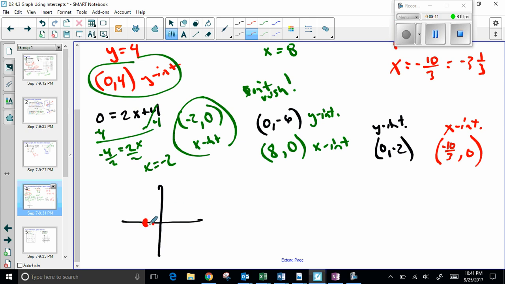There's the first point. And then 0, 4. So 1, 2, 3, 4. There's my second point. I connect my two dots. Let me change colors so it looks a little better. And I make my sketch. So I basically have a decent idea of what the line's going to look like just by finding those 2 points. Okay, I'm not going to do the other two.